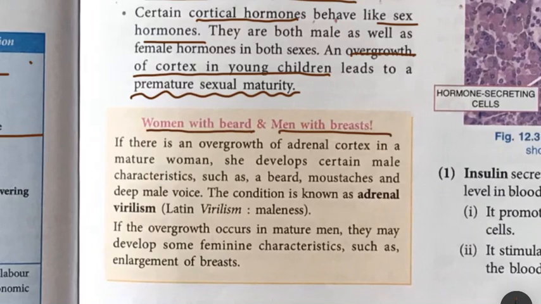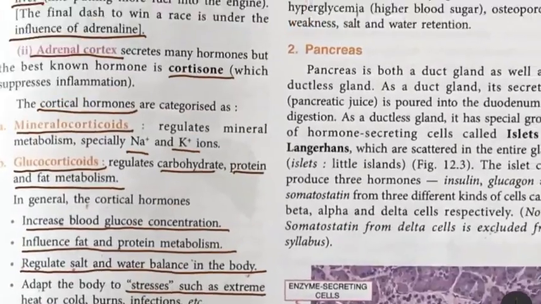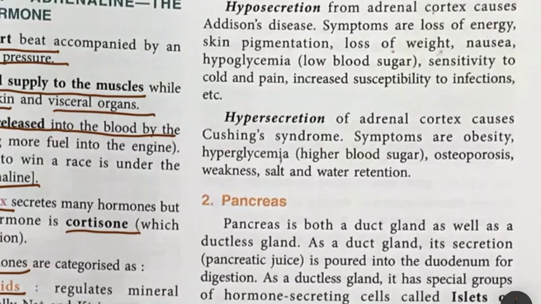If there is an overgrowth of adrenal cortex in a mature woman, she develops certain male characteristics such as beard, mustaches and a deep male voice. Okay, this condition is known as adrenal virilism. But if the overgrowth occurs in a mature man, he may develop some feminine characteristics such as enlargement of the breast. So the hormones in our body must be secreted in the right quantity.